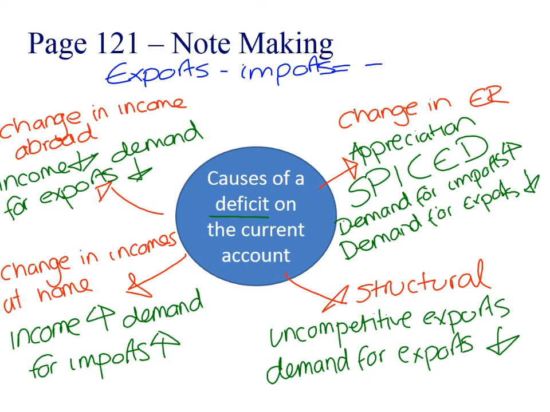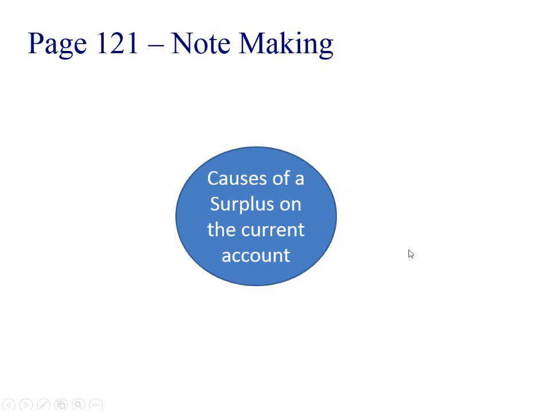When we buy our own products that are produced in the UK, we call that domestic production. We don't call it buying exports. So we buy domestic production, but we can also buy imports. So that might mean that your imports are larger than your exports. And a change in the exchange rate as well can cause a current account deficit. So a strong pound, imports cheap, exports dear, would mean the demand for imports would increase and demand for exports would decrease. So lots of reasons why you could get a deficit.